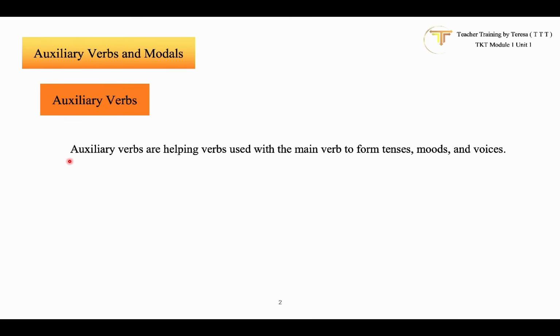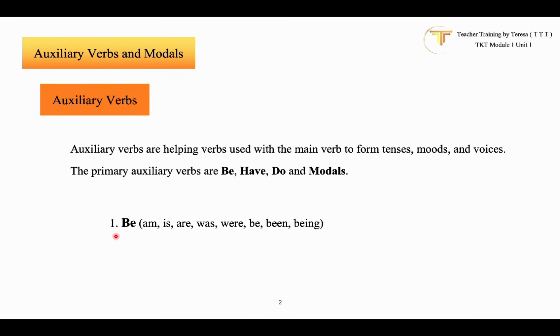Auxiliary verbs and modals. Auxiliary verbs are helping verbs, used with the main verb to form tenses, moods, and voices. The primary auxiliary verbs are be, have, do, and modals.